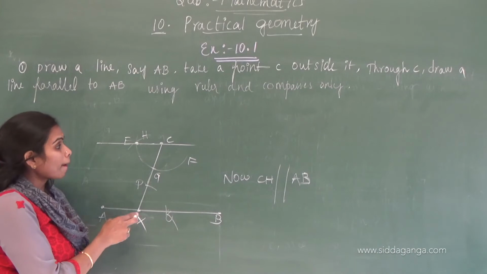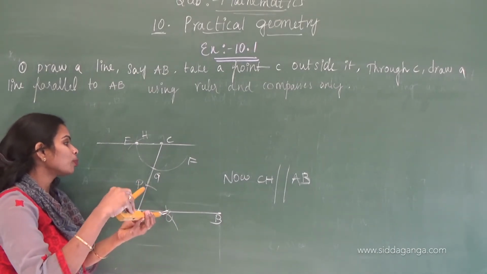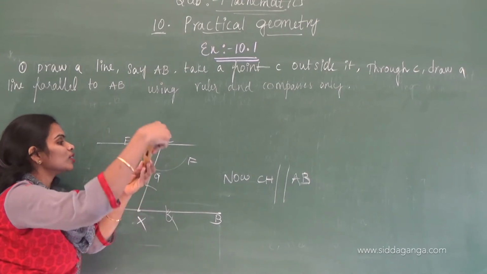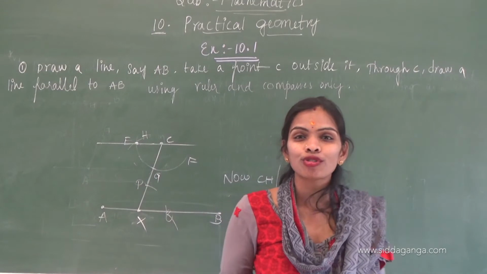Correct? After that, I am measuring the value of PQ here, and then I am writing this one. Correct? This is nothing but construction of two transversals.